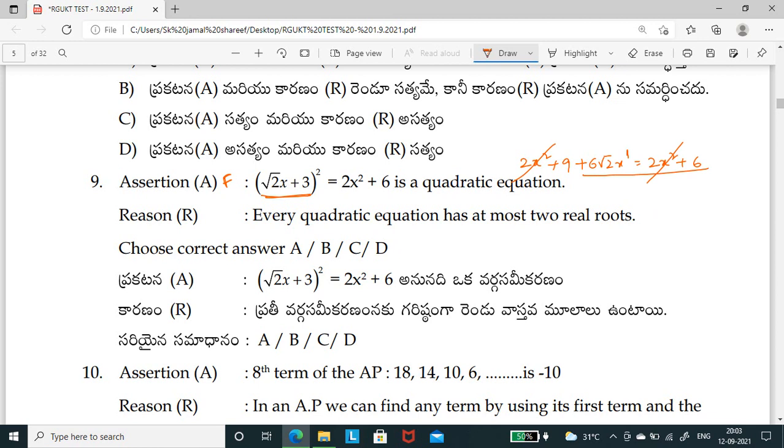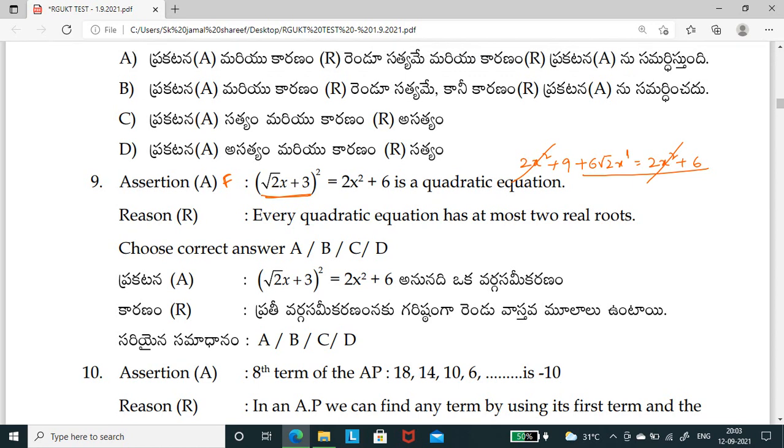Next, every quadratic equation has at most two real roots. So what is the meaning of at most? At most means maximum. So it will have maximum two roots.